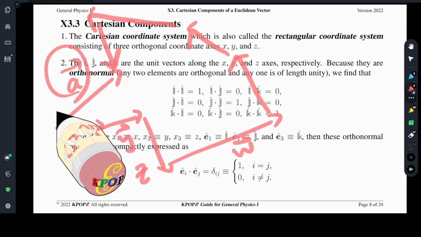But if the problem does not have a specific condition, in general it is convenient to separate it into perpendicular pieces.